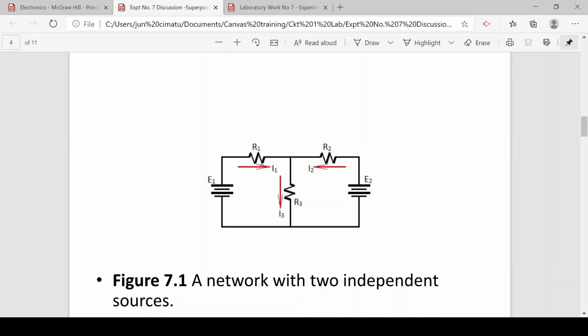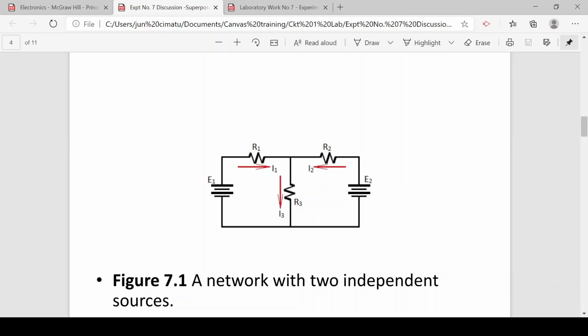That is, current I sub 1 is a result of the current due to E1 and E2, and I2 is due to E1 and E2, and I3 is due to the current from E1 and E2, meaning these currents are net currents due to the component currents supplied by all the sources in the circuit.